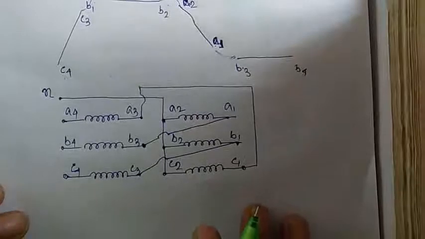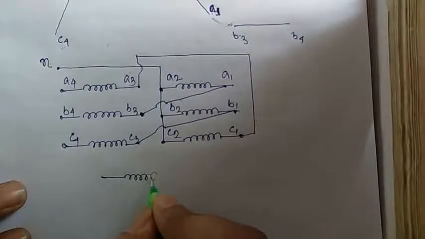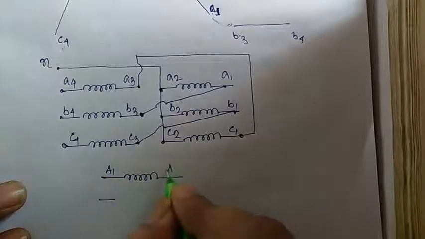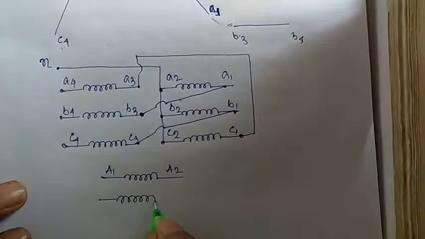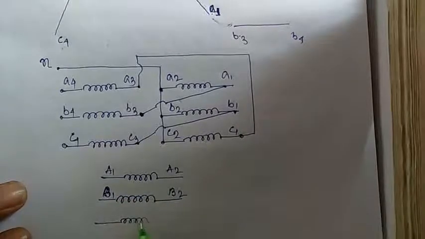Delta is very simple. Suppose this is the A1, A2 terminal, this is the B1, B2 terminal, and this is the C1, C2 terminal.